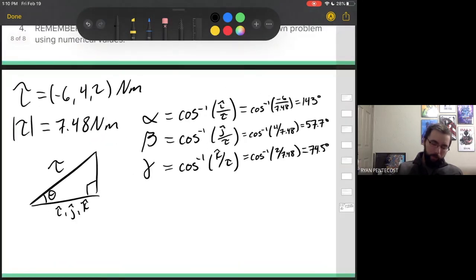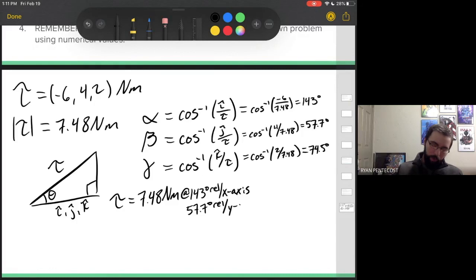So to answer this, our torque, magnitude, and direction is 7.48 Newton meters at 143 degrees relative to the x-axis, 57.7 degrees relative to the y-axis, and 74.5 degrees relative to the z-axis.